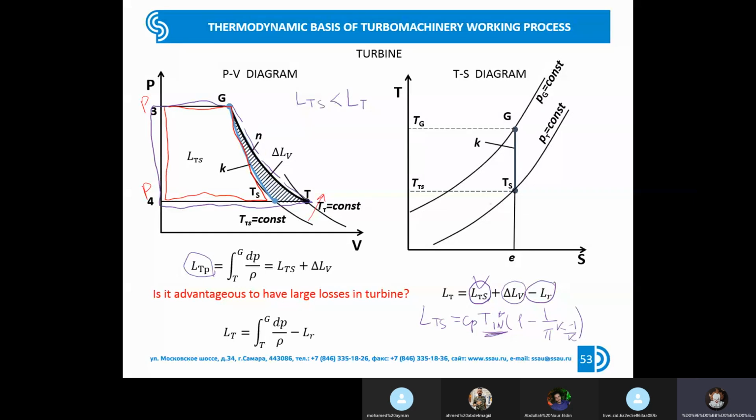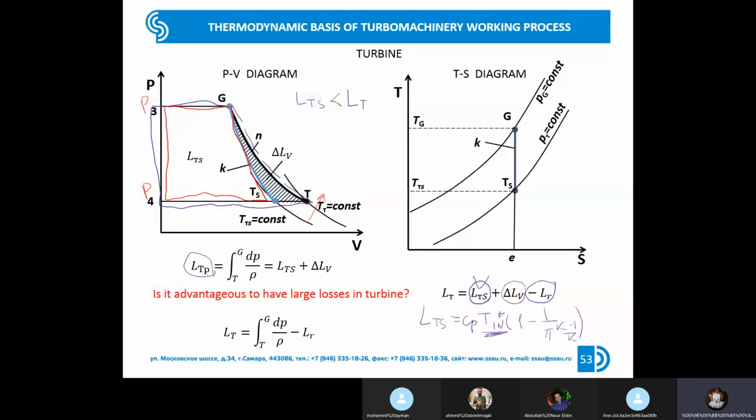has a different influence on the working process in the compressor and in the turbine. For the compressor, it's a negative influence. For the turbine, it's not so negative. Of course, as you will see, the efficiency is not more than 100%. And that's why we are not returning back all the energy which we spent to overcome losses.